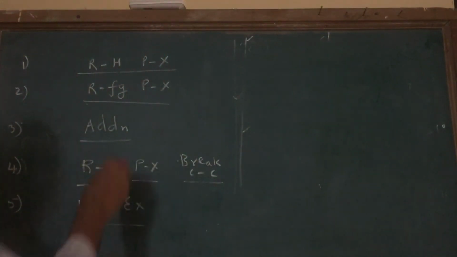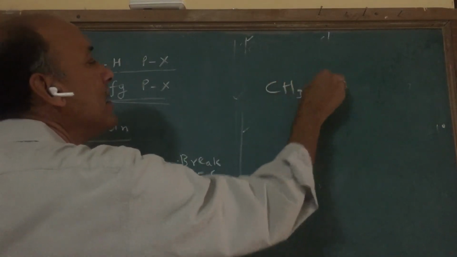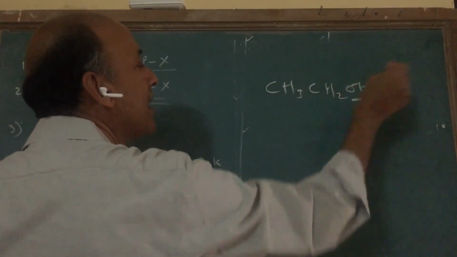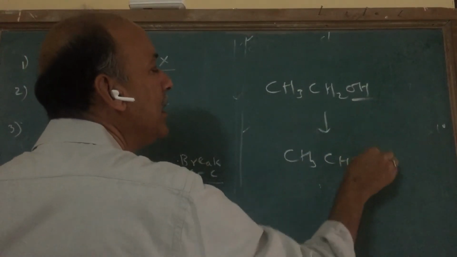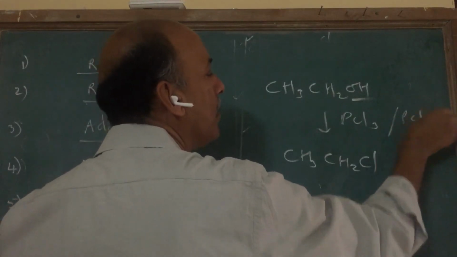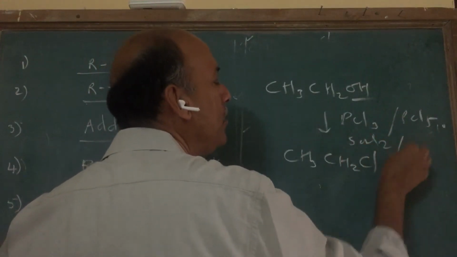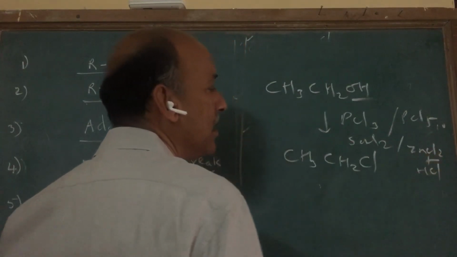Next part is replacement of functional group and placing halogen. For example, you can replace a functional group like alcohol and place halogen using a halogenating agent, say like PCl3. Or you can use PCl5 or SOCl2, or you can use a paste of ZnCl2 and concentrated HCl.